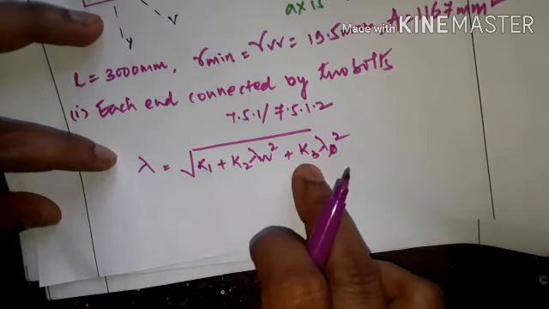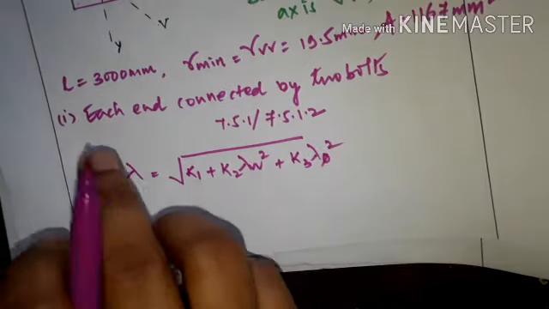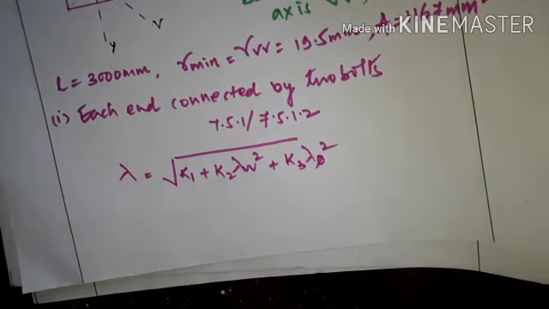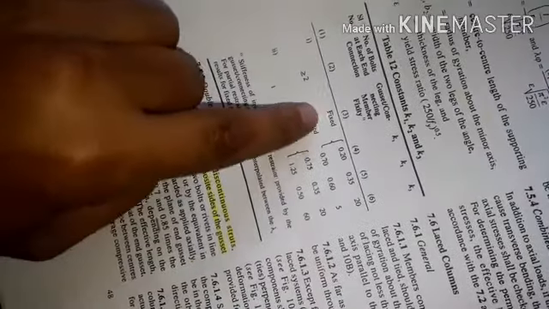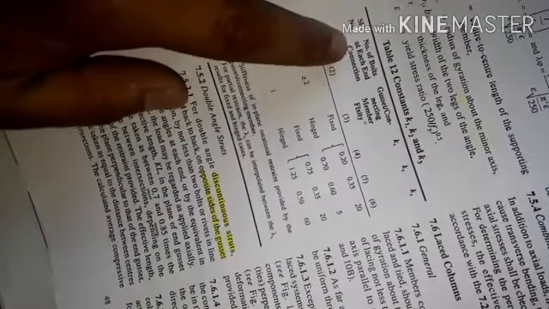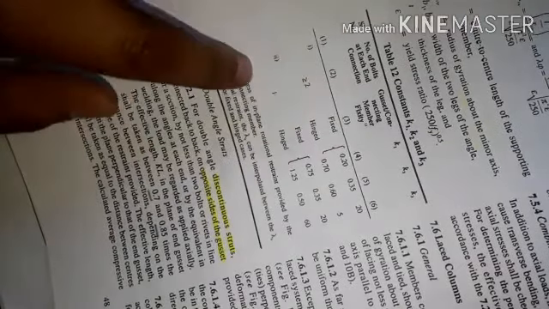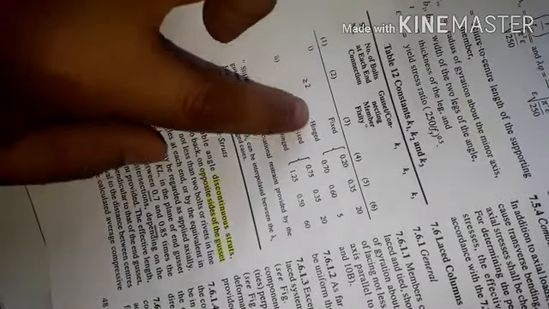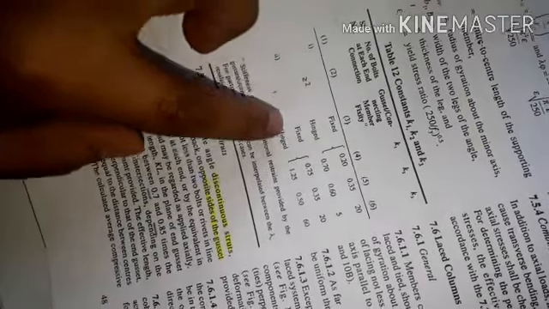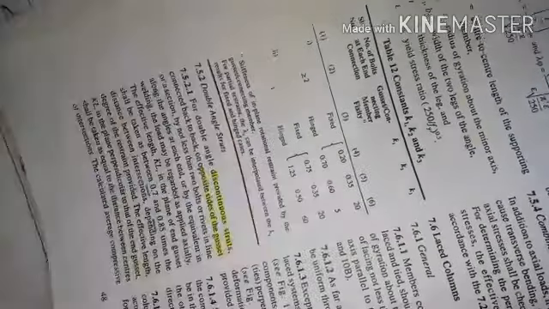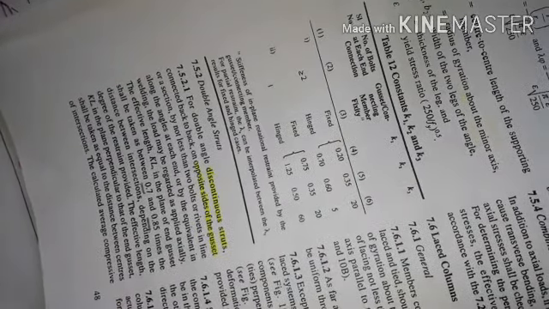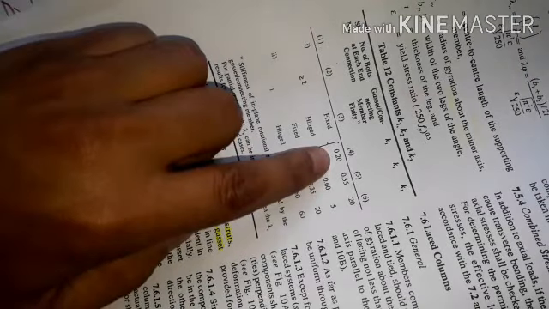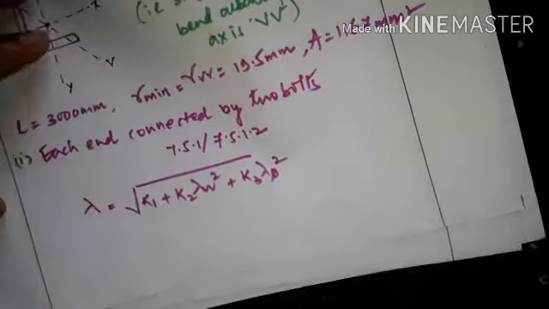K1, K2, K3 depend upon the table on the same page. You check whether the number of bolts at each end is greater than or equal to 2 or 1, and whether the condition is fixed or hinged. Based on that, the values of K1, K2, K3 will differ. So here we can assume either fixed or hinged, and take the values of K1, K2 and K3 accordingly.